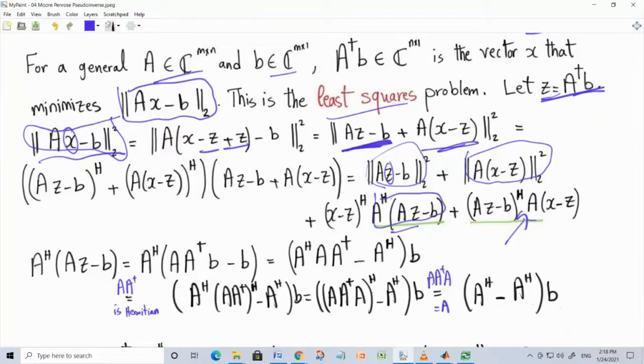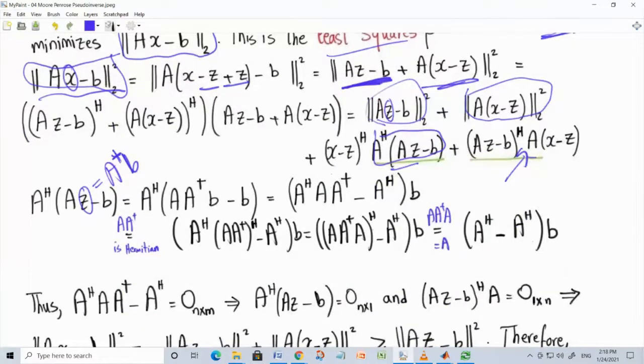So let's focus here. A Hermitian (AZ minus B). What is Z? Z is equal by definition to the pseudo inverse of A multiplied by B, like this. Okay, and you can take B as a common factor and put it on the right.